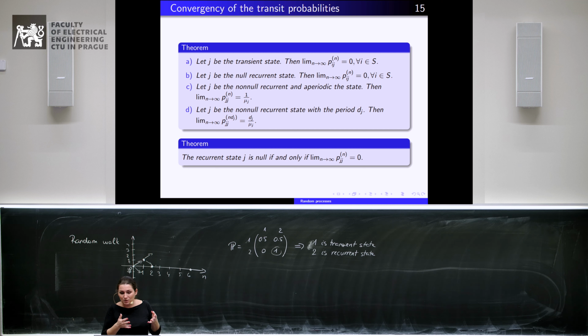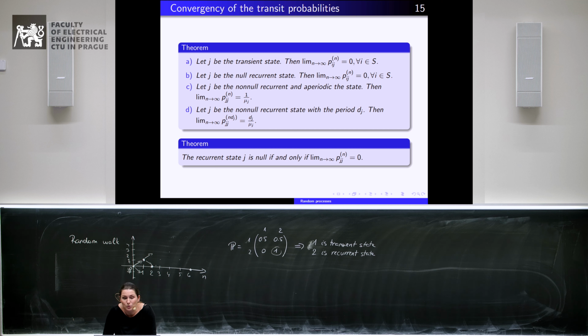And so we must consider this probability only at each d j-th step. And in this case, of course, the probability must be d j over mu j, because we considered only each d j-th step. And so it is the connection of the state classification and the transit probabilities.